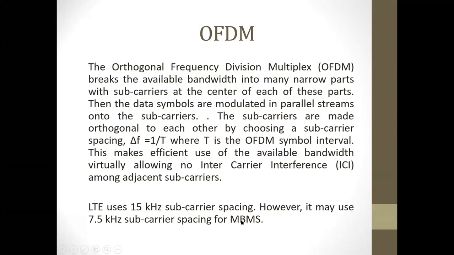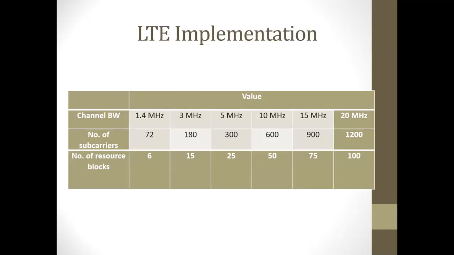If I explained MBMS, I could also make it clear why a smaller subcarrier spacing would be helpful for MBMS operation. But I'm not doing that, so it's just something I mentioned, what the provisions are. So it is 15 kilohertz for LTE.